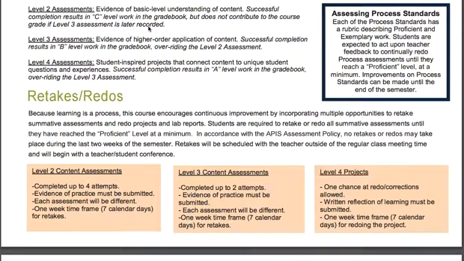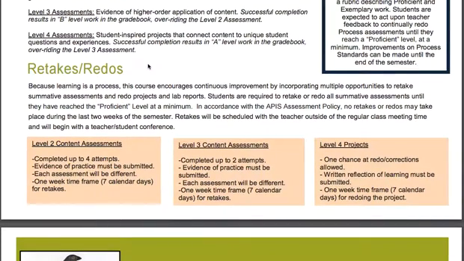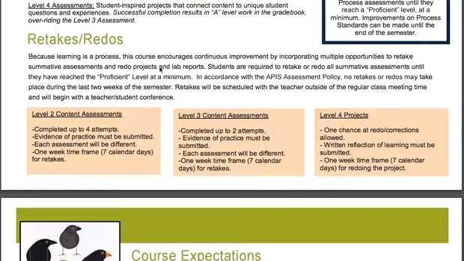So the next type of assessment the student would take is a level 3 assessment. These are higher order application of the content, typically short answer questions or interpreting diagrams. Again, once that assessment shows that the student can do B-level work at that standard, then that gets recorded in the gradebook. And then finally, level 4 assessments.